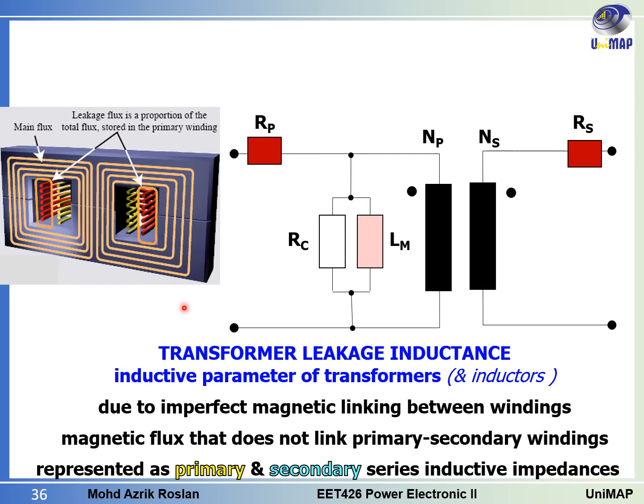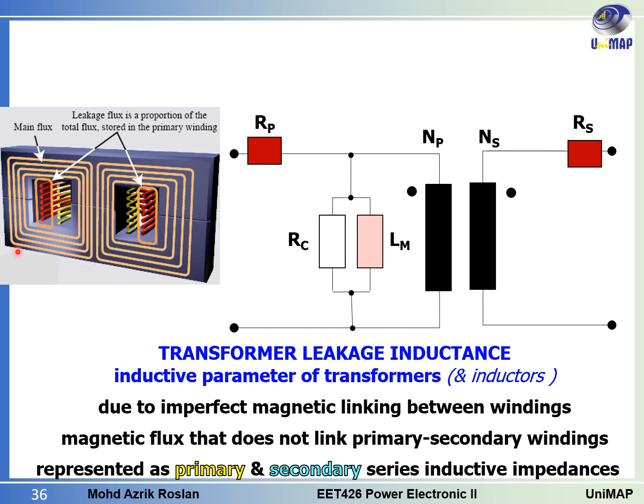The transformer leakage inductance can occur when we have imperfect magnetic linking between the primary and secondary windings. Imagine this is the core of the transformer. In an ideal transformer, we assume that all the flux that flows from the primary winding will go to the secondary winding, so we assume there is perfect linkage between the primary and secondary.